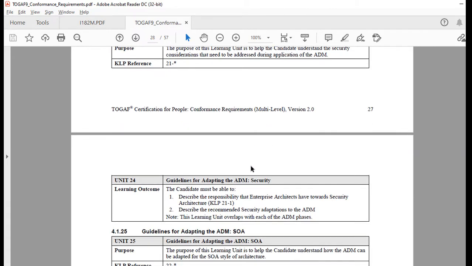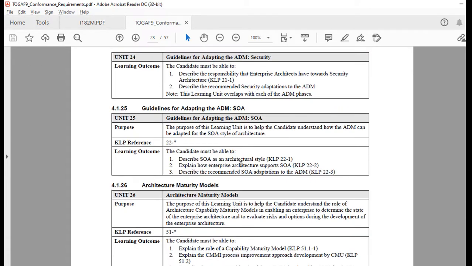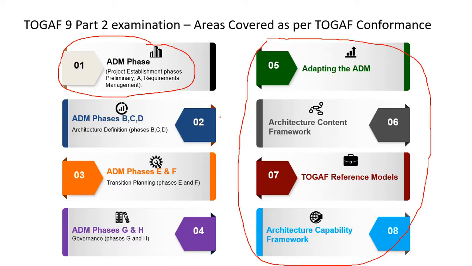One last thing: guidelines about adapting to SOA will also be covered here. Okay, so these are the 10 sections which, along with the preliminary phase, we will be talking about. So by the end of this lesson, you will be almost done with 11 units of the 27 units which we have to learn for TOGAF level 2.